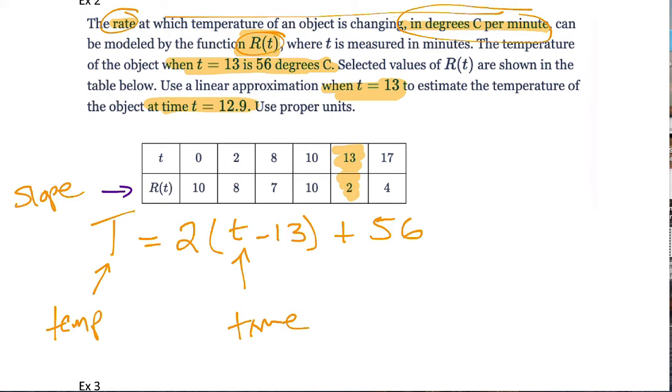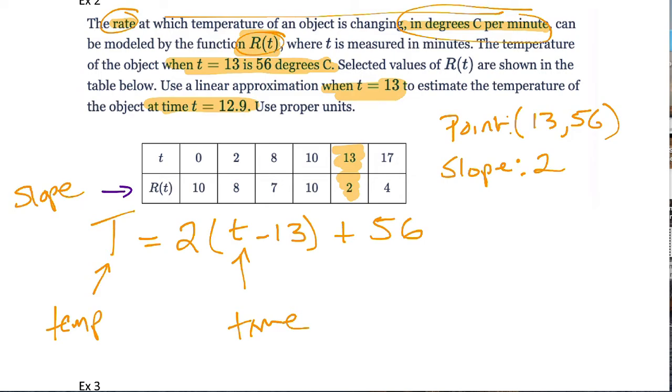And then you have that point right there. So your point is 13, 56, and your slope is 2. So then we just plug in 12.9 into that.